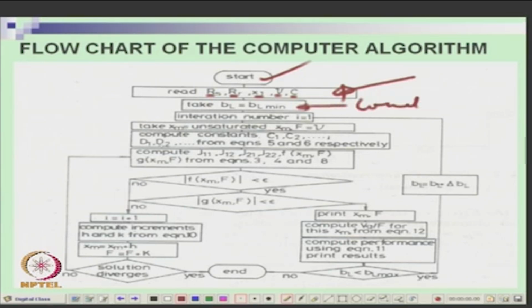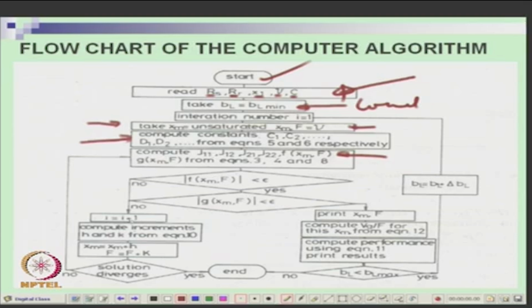Then you iterate, you take the initial value of Xm and F, then calculate the constants C1, C2, D1, D2 etc., then compute the Jacobians here, then find out if f of Xm, F and g of Xm, F are less than epsilon, because this is straightforward.